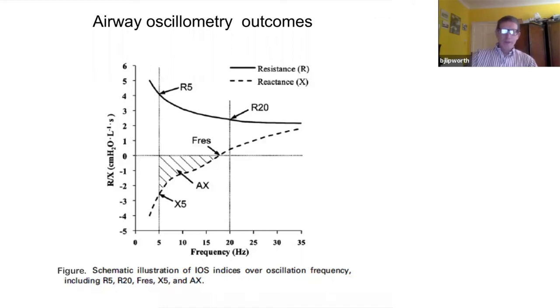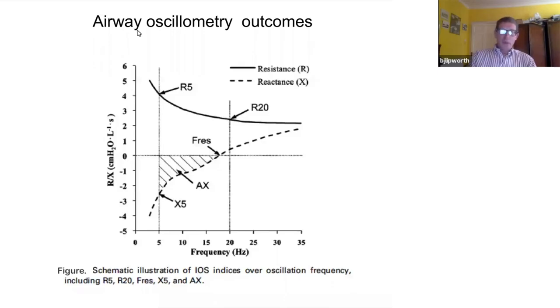So what we have here is the resistance at 5 Hertz tells you about the resistance in the entire lung throughout all of the airways, from the trachea all the way to generation 23, whereas the resistance at 20 Hertz, or R20 to abbreviate it, tells you about the resistance in the central airways down to generation 8.